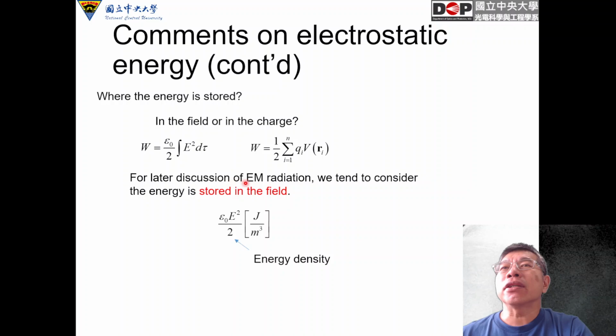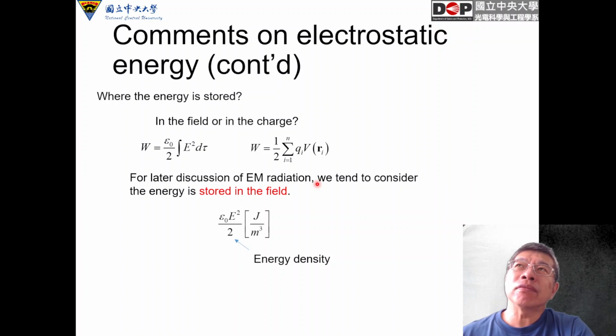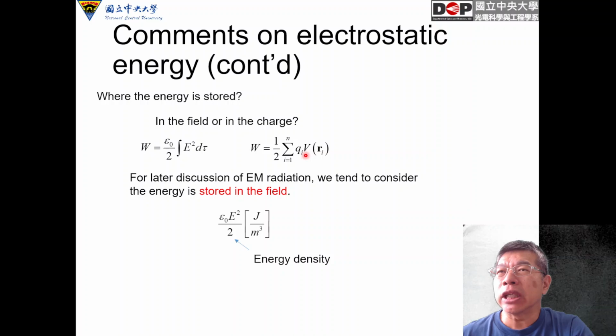For later discussion of electromagnetic radiation, we tend to consider the energy as stored in the field, because for electromagnetic radiation or a light wave, there's no charge. There's only the field. At that time, we will not consider the charge storing energy, because there's no charge in vacuum, in free space. So we'll say the energy is actually stored in the field.